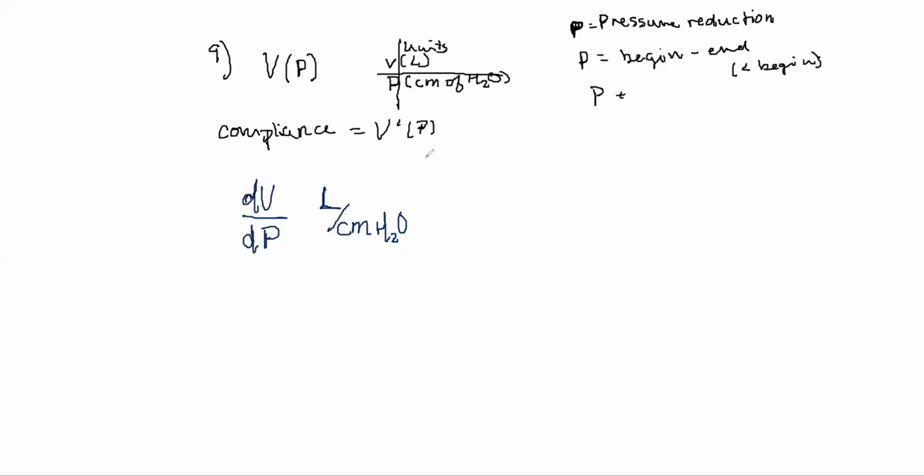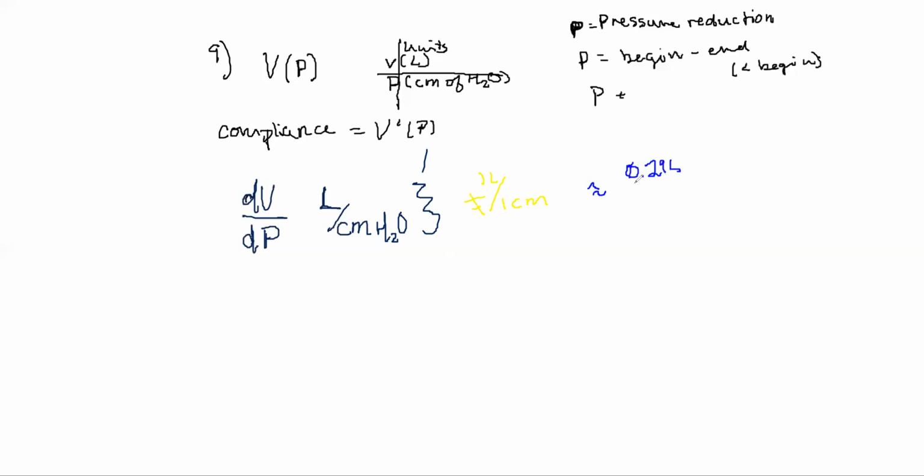This is the units, but it's not exactly 1 liter per 1 centimeter of pressure reduction. These are the units, liter over centimeters, but what it is, it's like the slope. Like if it was a line, it would be something closer to, like what we're finding is 0.2 liters.